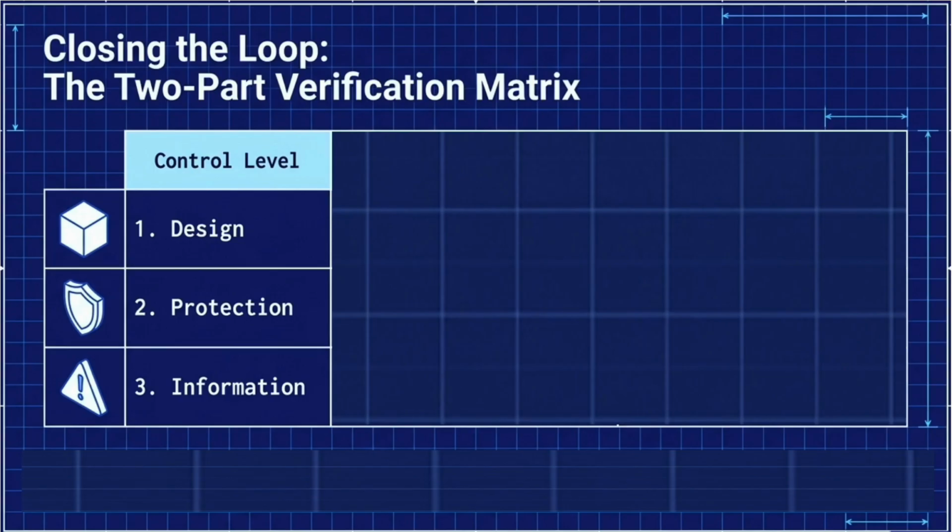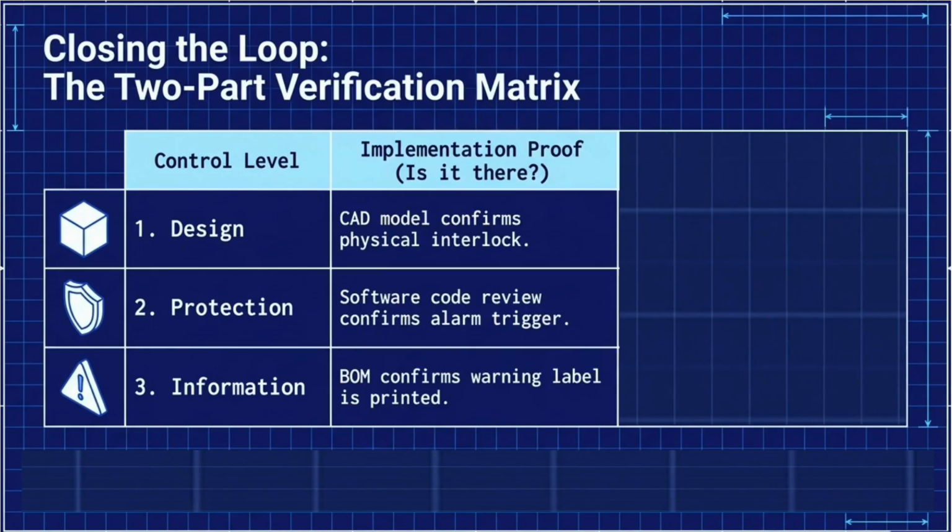We have three different controls: design, protective features, and information for safety. First, we have to confirm that the implementation is there. For design, there is an output. This is the CAD model or drawing showing the features, in this case, let's say a physical interlock feature.